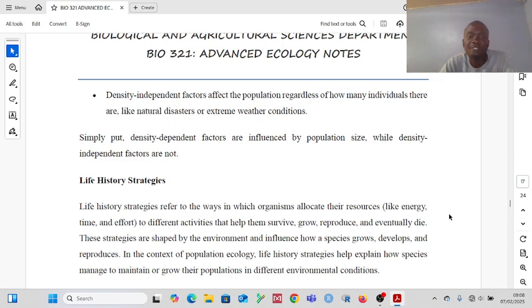Density. So density-dependent factors are influenced by population size, while density-independent factors are not. Okay? So density-dependent factors, population size influences them. Density-independent factors are not influenced by population size.